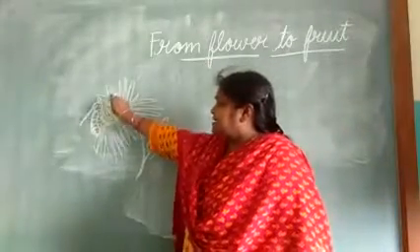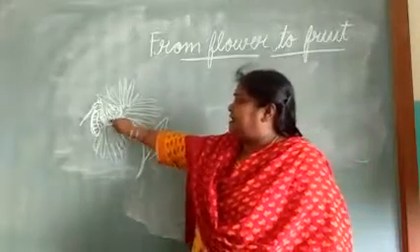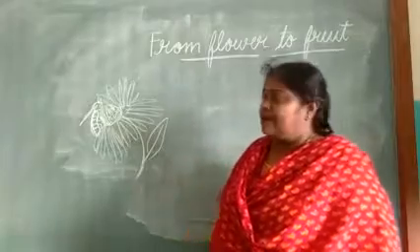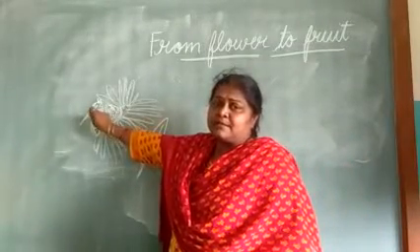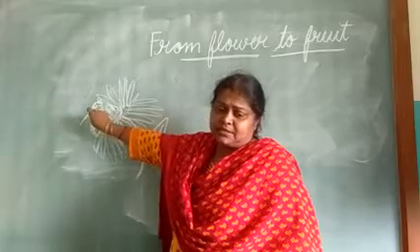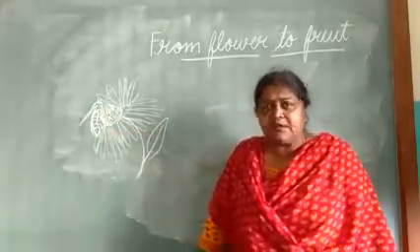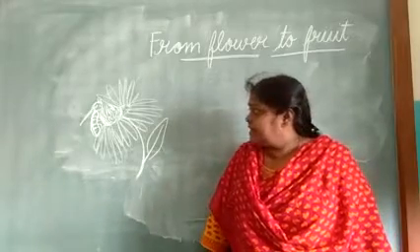So you are seeing this one flower here. In this flower, one bee is sitting here. Why is the bee sitting here? Because the bee is collecting sweet juice from this flower. What do we call that? Nectar.